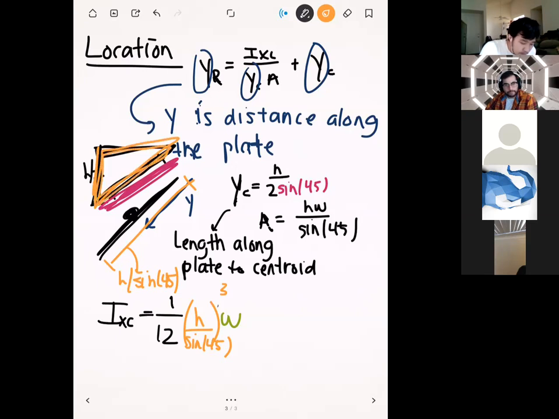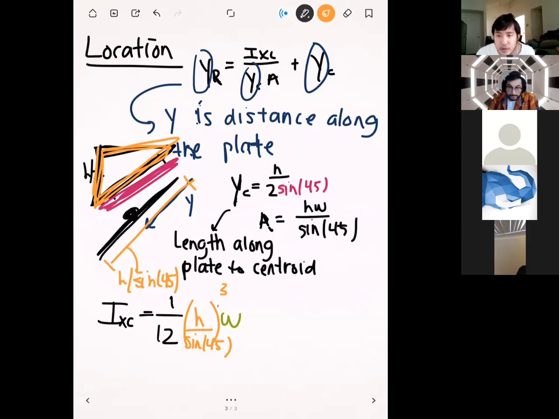We know that the depth of that centroid is h over 2. And in order to get the hypotenuse, which is the length that we want, we do h over 2 divided by sine 45. So basically we're just creating a similar triangle, and since we have the angle, we utilize that for that part as well. Yep. Okay, question in the chat.